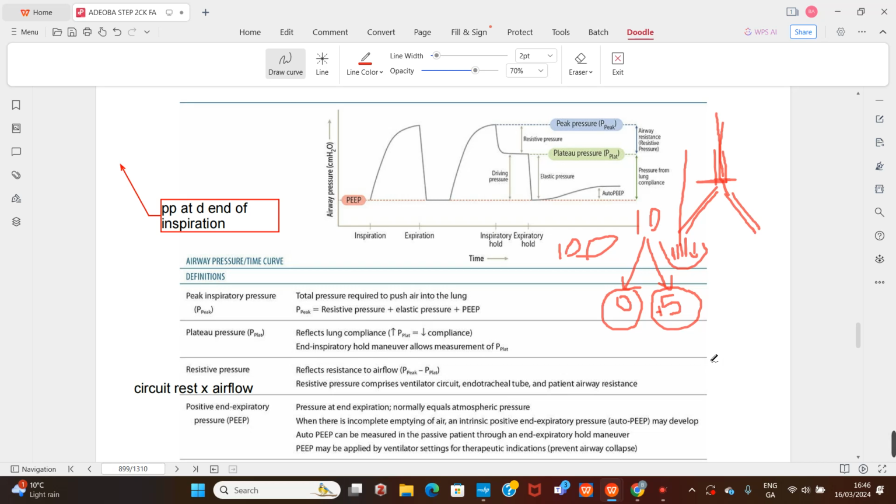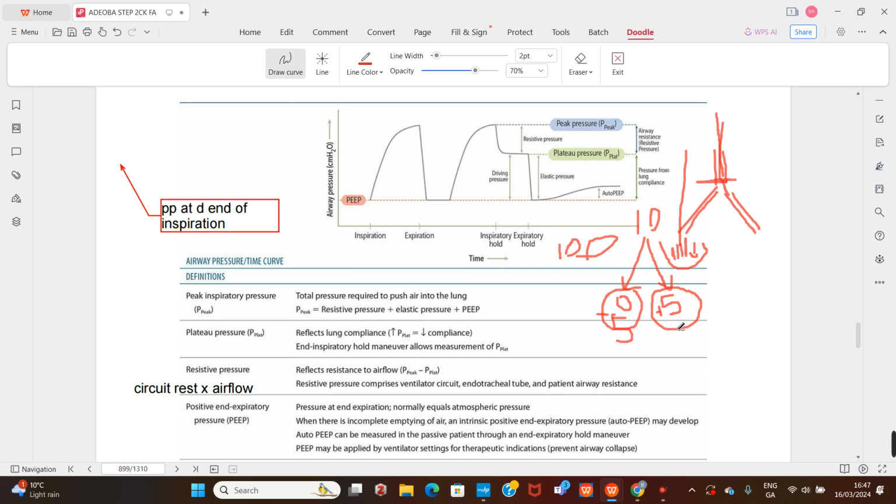Yeah. The same thing is happening here. If the PEEP, which is the pressure inside the airway and alveoli at the end of expiration, is 5, and another one is -5, which one do you think is going to allow air to enter easily? Is it the -5 or the +5? -5.